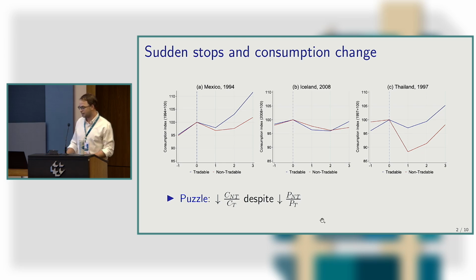And this is despite the fact that the relative price of non-tradables drops relative to tradables due to exchange rate depreciation. And as he argues very well in the paper, this cannot be explained using our standard theories in this literature.